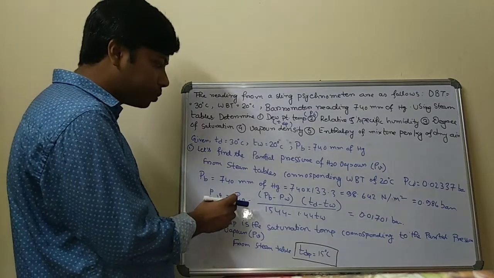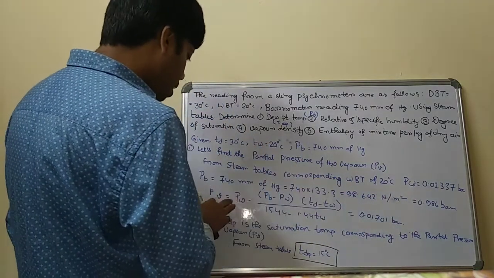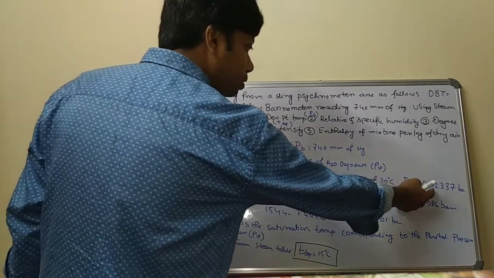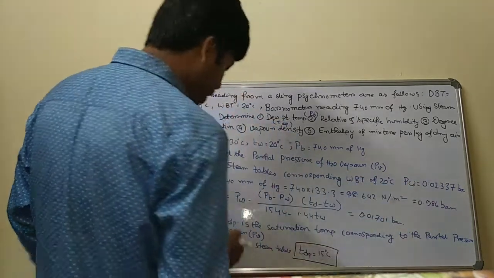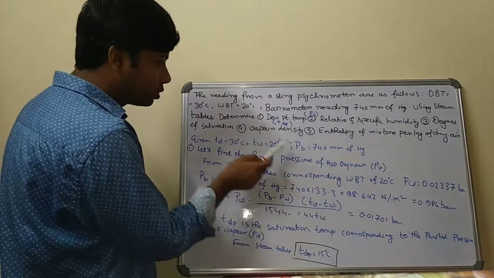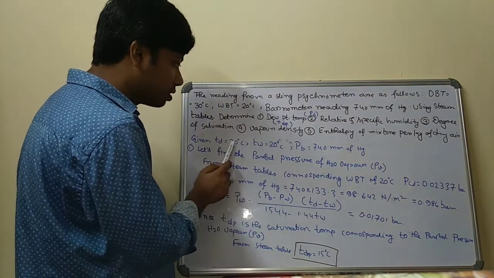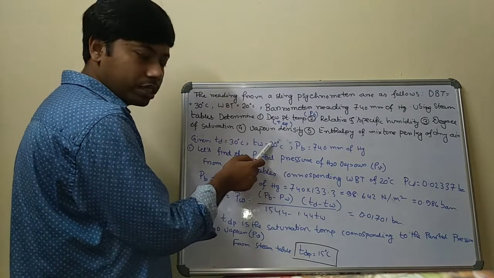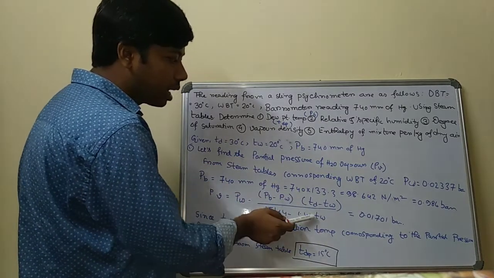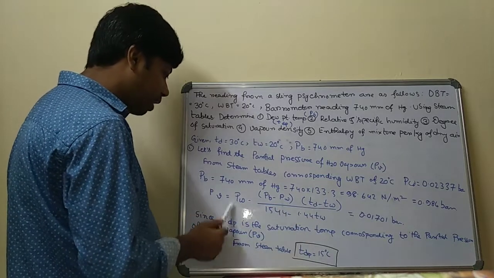If you put in all these values, PW as 0.02337, PB as 0.986, TD as 30 degrees centigrade and TW as 20 degrees centigrade, then you can easily get the value of PV.